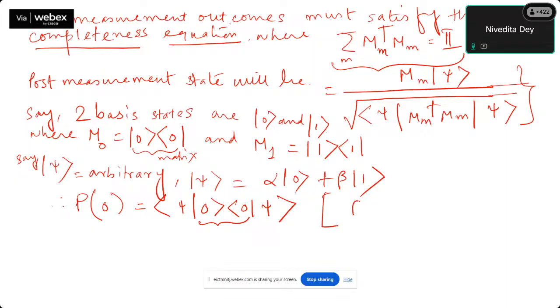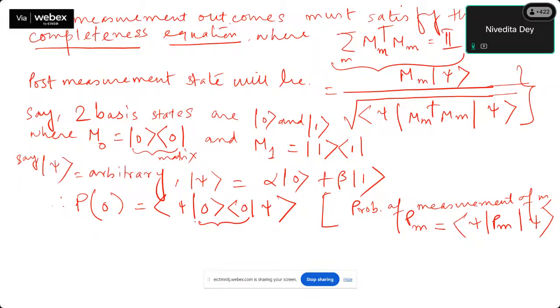Because PM, the probability of measurement of M, is equal to this thing, bra psi, then PM, then ket psi. And the same thing we have written, where PM will be that M0, which is nothing but this thing. Okay.